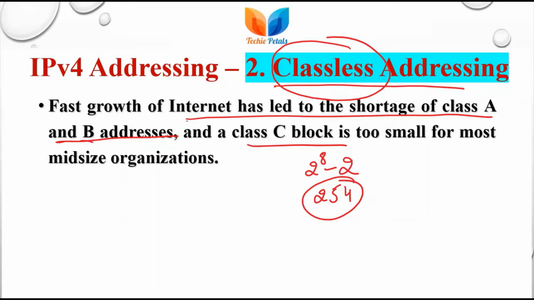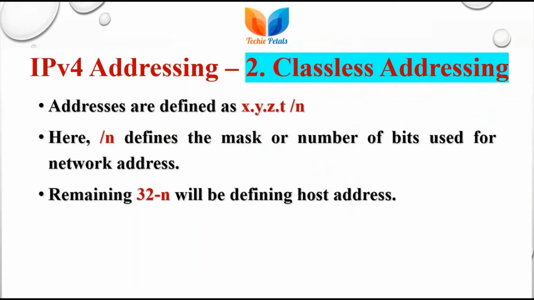But even with classless addressing, we need to specify some length or subnet mask or anything that can specify the length of the network ID, because without identifying the network, we cannot communicate within that network.